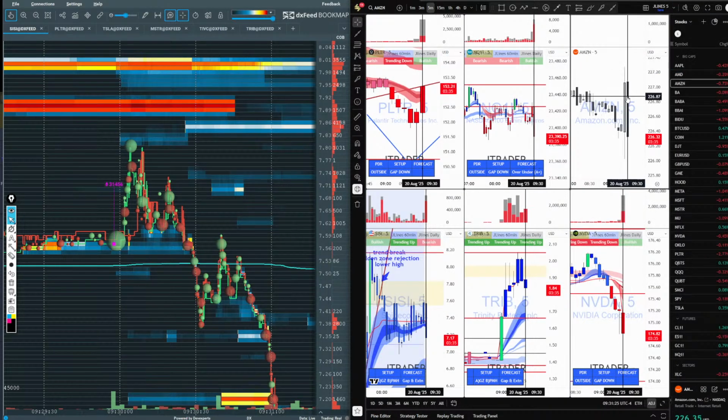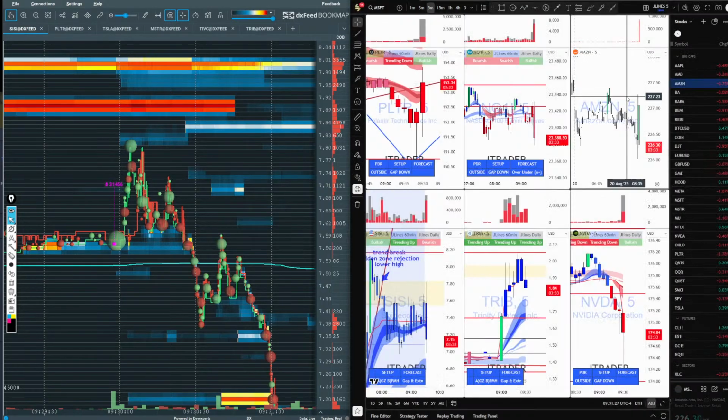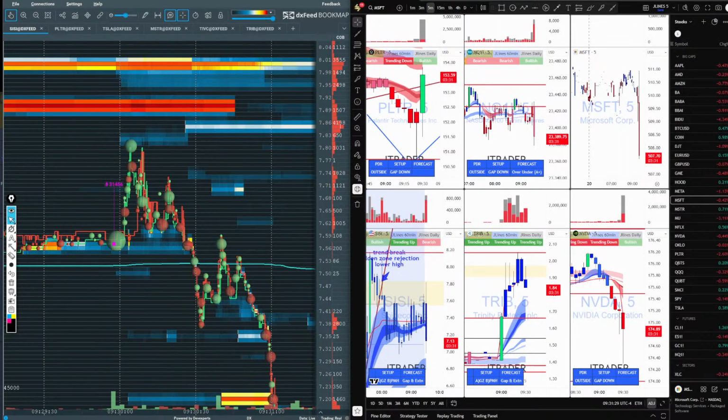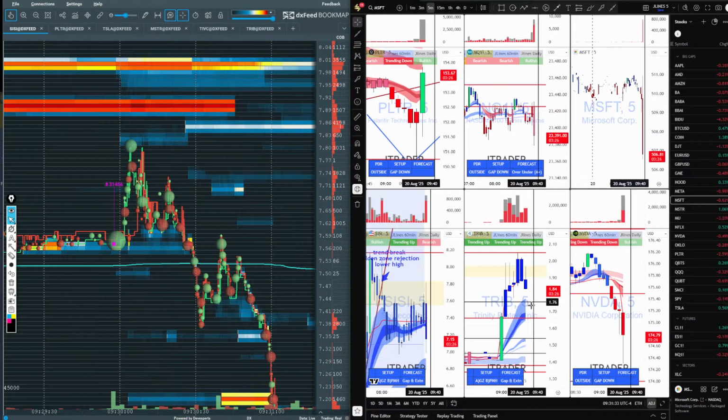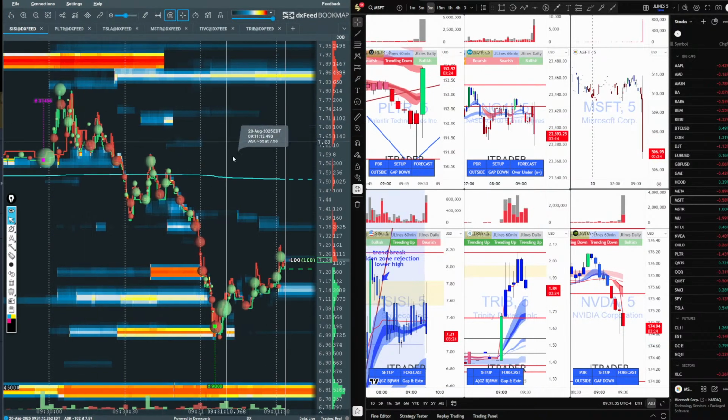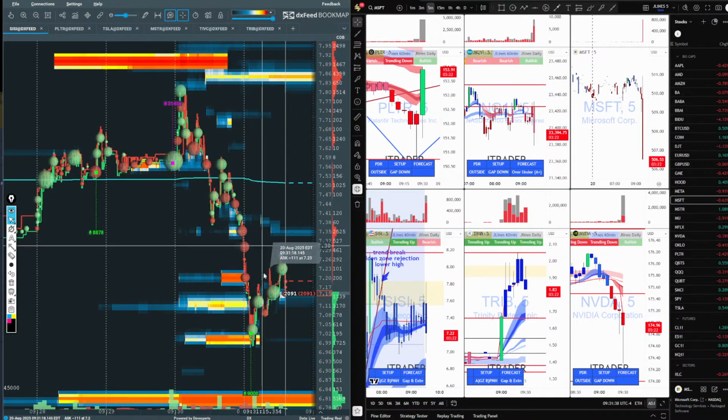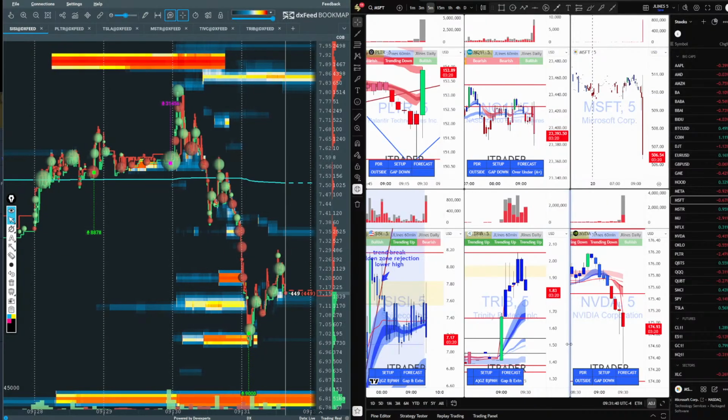We have AMZN, Microsoft, dump over here in the meanwhile of CZ.